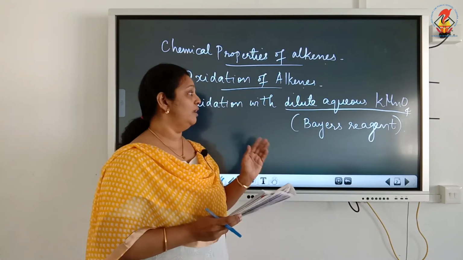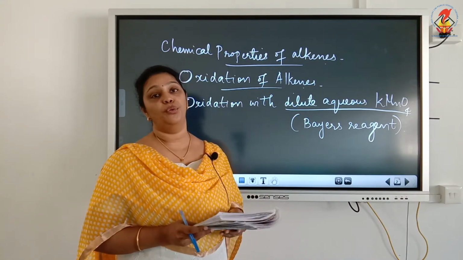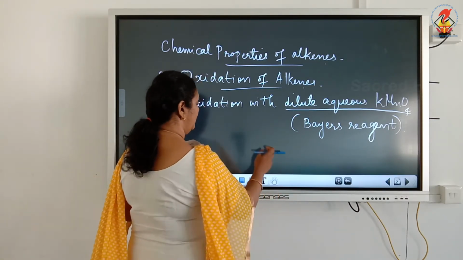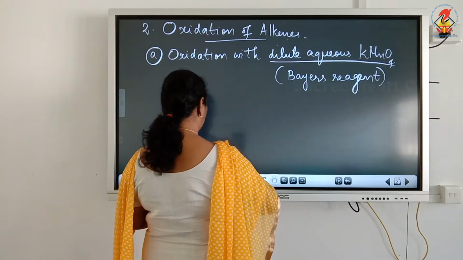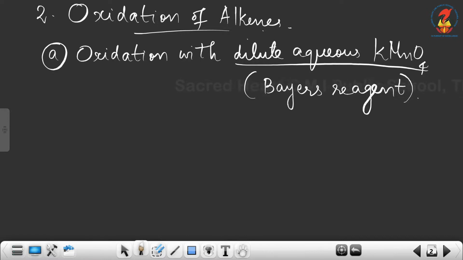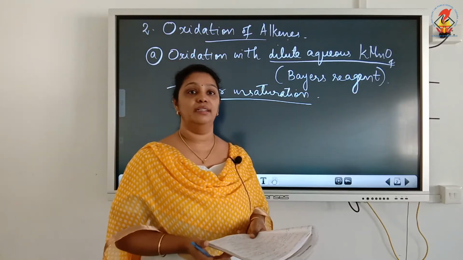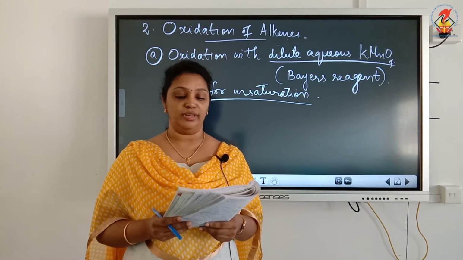Now this can also be taken or written as a test for unsaturation. That means a test to find out the presence of double or triple bond. So this reaction with Bayer's reagent can be taken as a test for unsaturation. Now, how will you use this Bayer's reagent as a test for unsaturation?